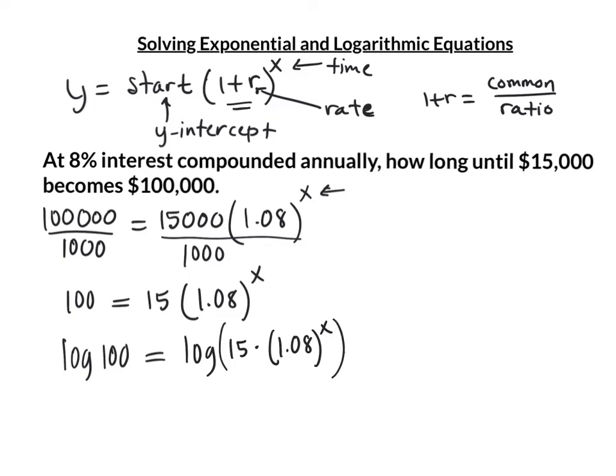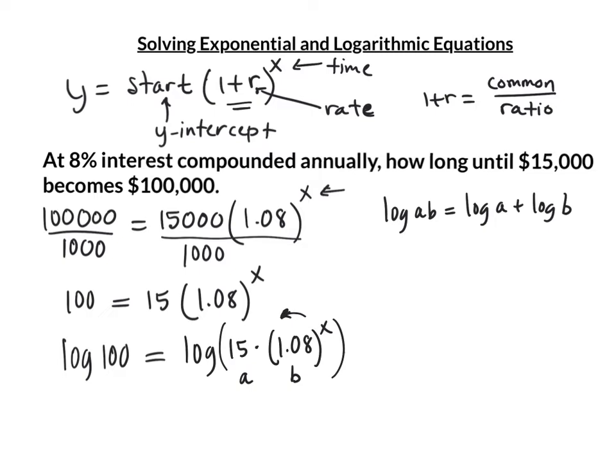First thing you need to understand, this is super important. You cannot bring that x down. You can't bring it down. And the reason is you have an a times a b here. And we know that the log of ab equals the log of a plus the log of b.